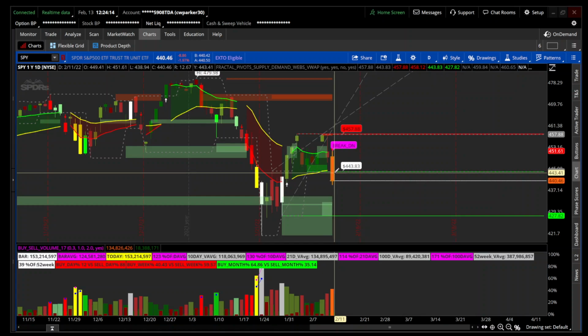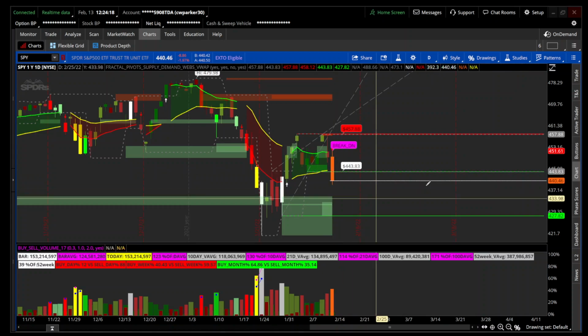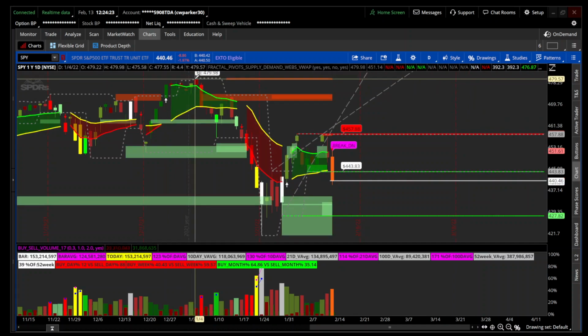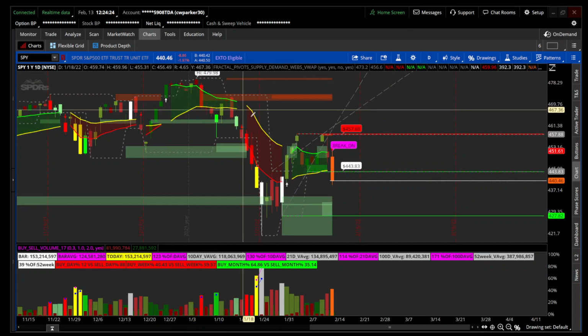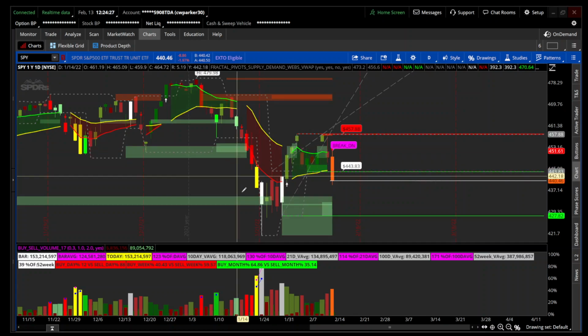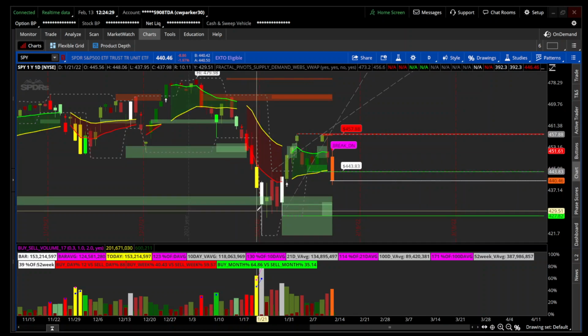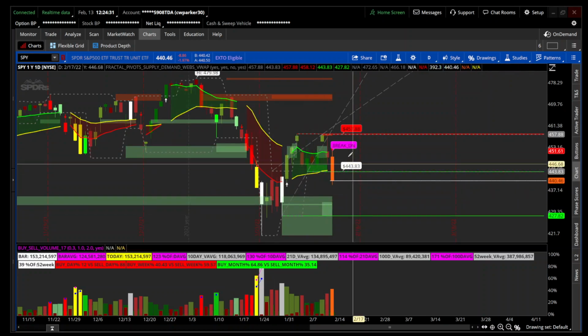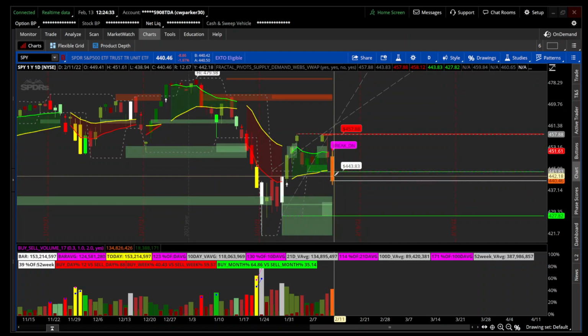And that's what I think Bill Williams was really trying to show. All these up fractals and down fractals are really just showing you market structure, and these breaches are really just showing you breaks of market structure.